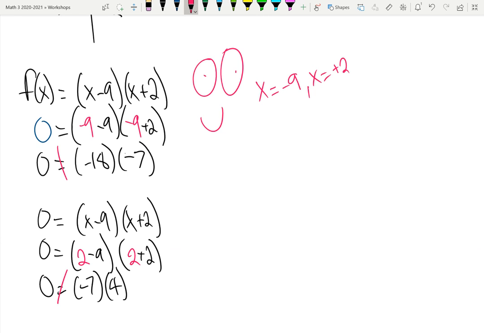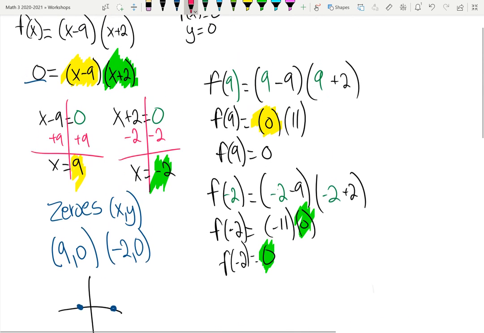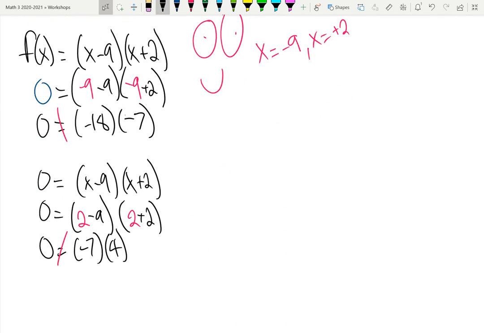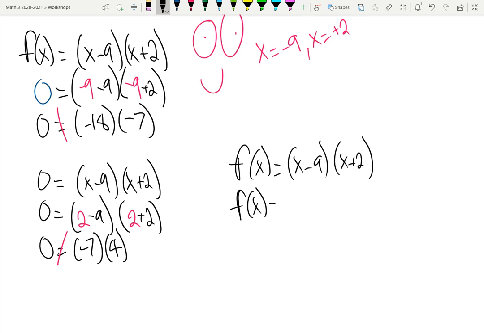I hope this reinforces the importance of why we have to look at the factored form with the reference guide. If I use f of x equal to x minus 9 times x plus 2 and compare it with the equation x minus root 1, x minus root 2, the zeros, notice how it is just a 9 that is part of it, just a positive 9.